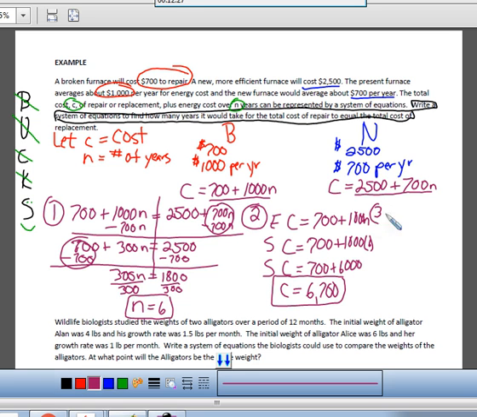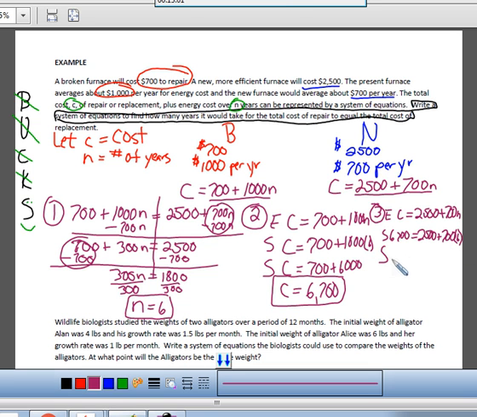Let's do one more step, step 3. We are going to do another ESS. We're going to do the check with the other equation just to make sure all our numbers work. Plus 700N. I know I'm getting right to the edge there. I hope you can fit it. So C is $6,700 equals 2,500 plus 700 times 6.